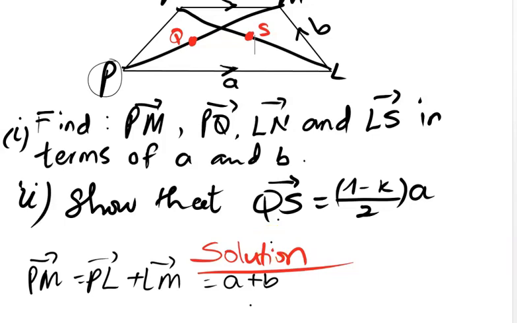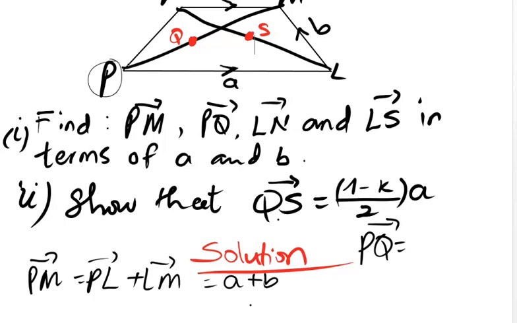Now, to demonstrate clearly on the diagram, permit me to squeeze it here so that the diagram will be showing. We have PQ, that is P to Q. They say Q is the midpoint of PM. If Q is the midpoint of PM, what does that imply?